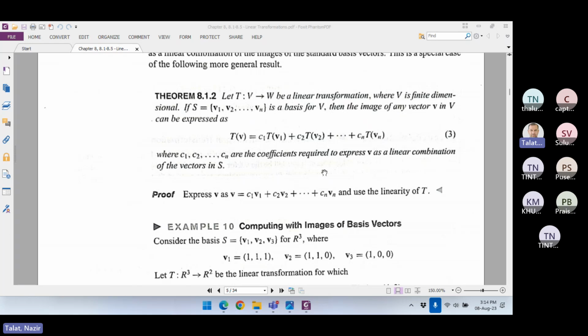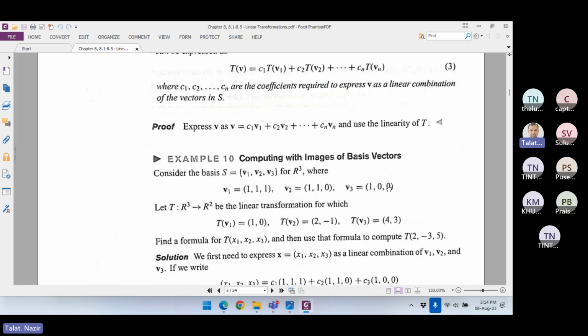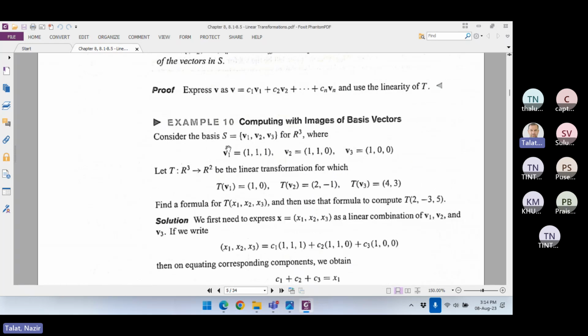For instance, there is a very nice example in this regard. Look, in R3, V1, V2, V3 are the bases of R3. Suppose there is a transformation T from R3 to R2, which is a linear transformation that maps V1 to (0, 1), V2 to (2, -1), and V3 to (4, 3).